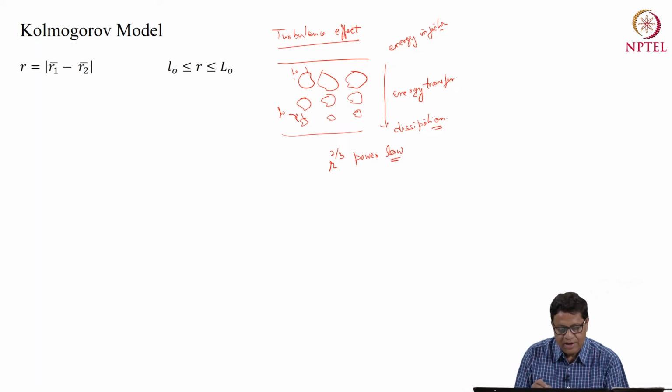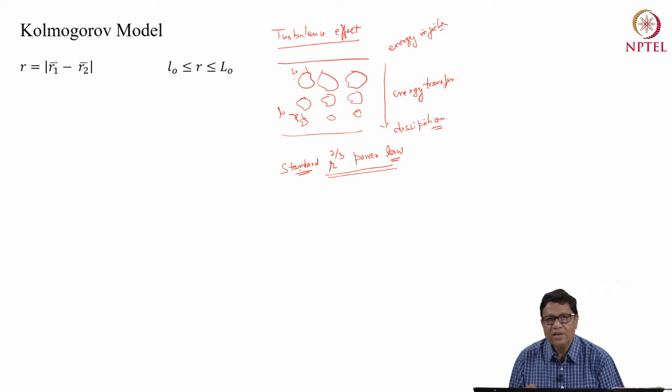If I take two position vectors r1 and r2, which are separated by r, and this r is between the outer scale of the eddy, L0, and the smaller scale of the eddy, l0, then this effect follows a typical, standard r to the power 2/3 law. This has been proved experimentally as well.